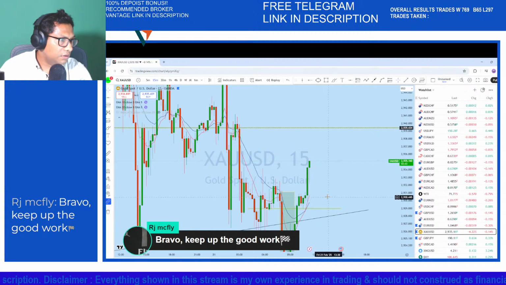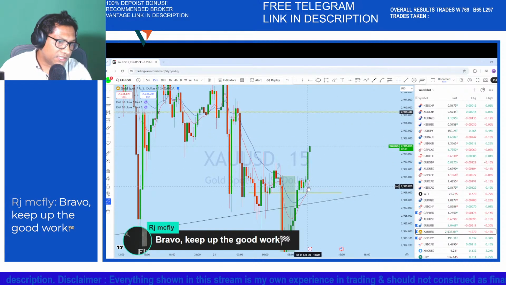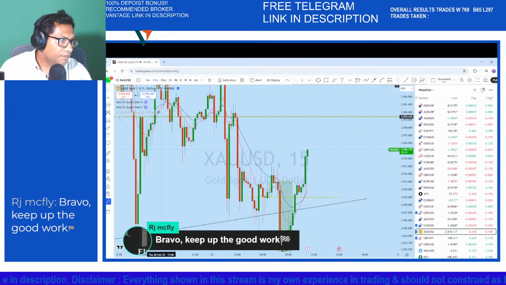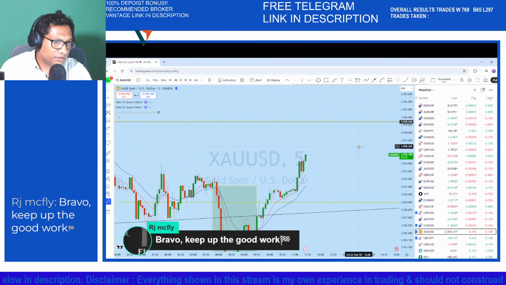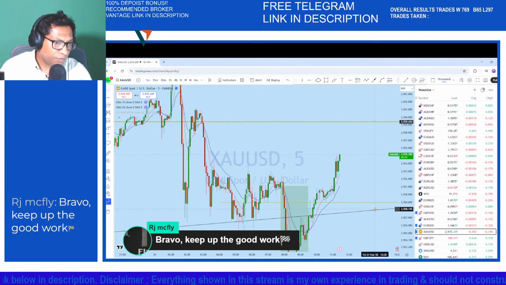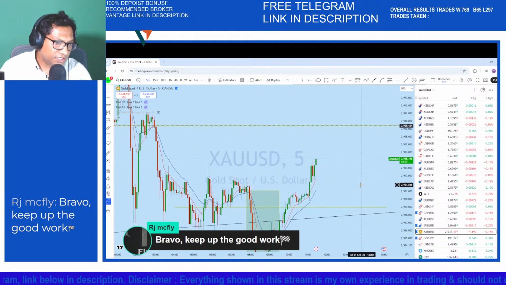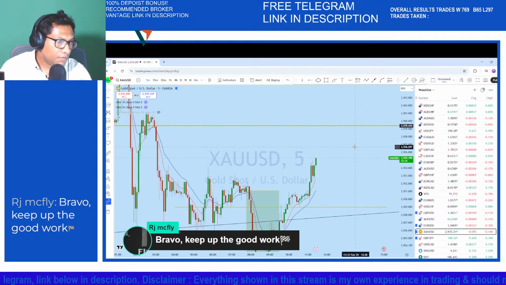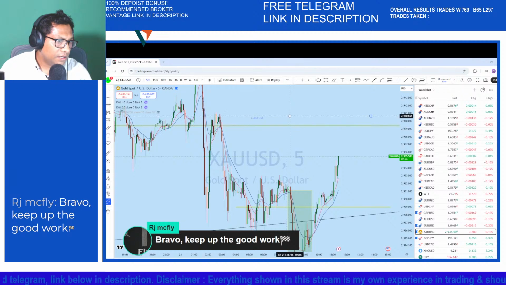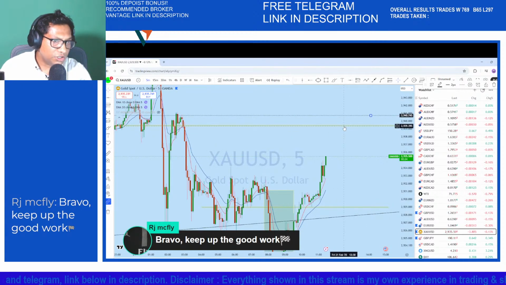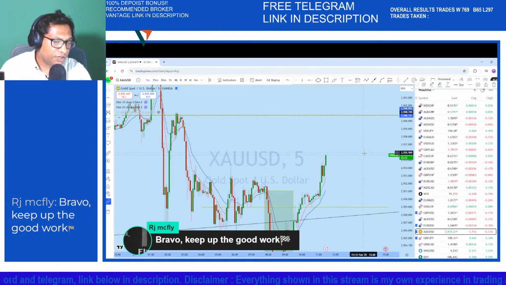In lower time frame price action, we can see the market is approaching that level, and this is the liquidity zone, an important liquidity zone here.